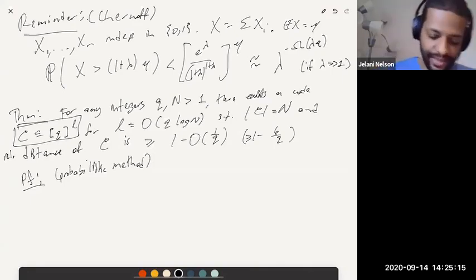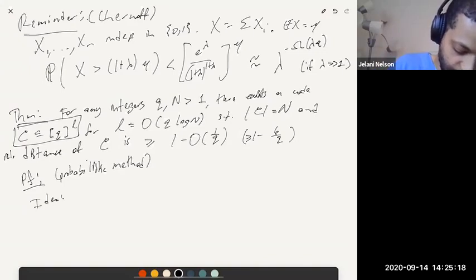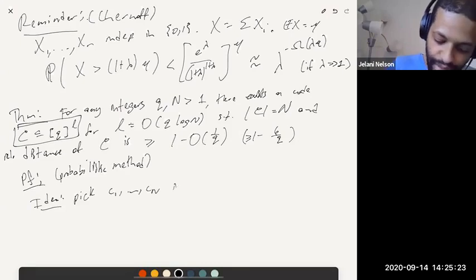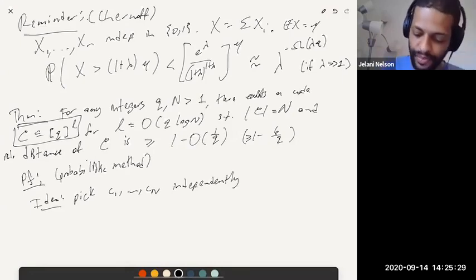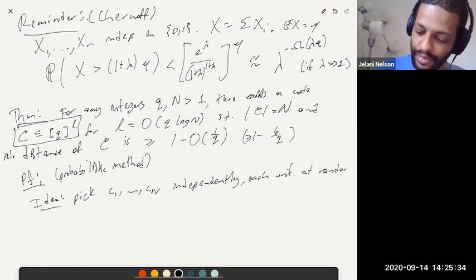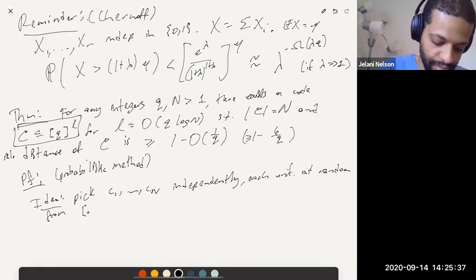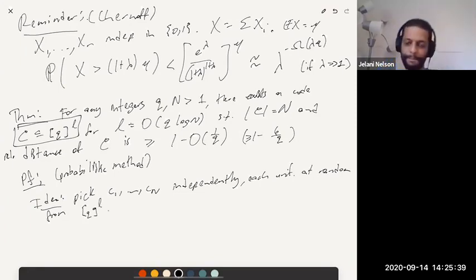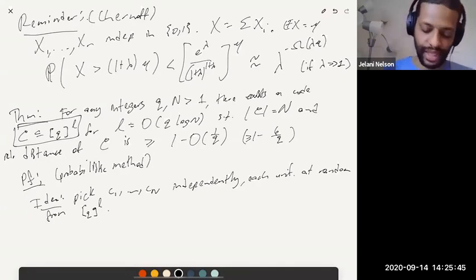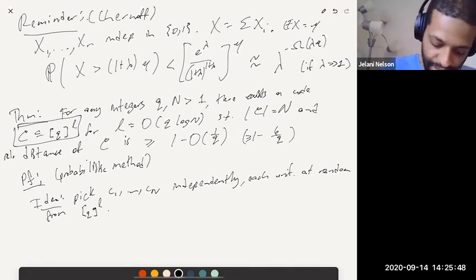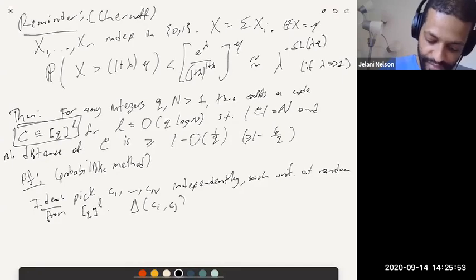But the idea is to pick C1 through Cn independently, each uniformly at random from Q to the L. And then I look at the Hamming distance between, let's say, some Ci and Cj.